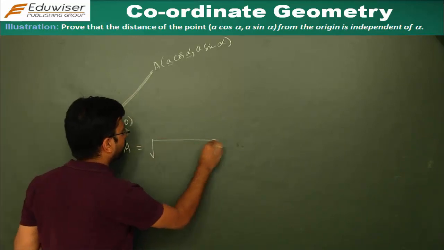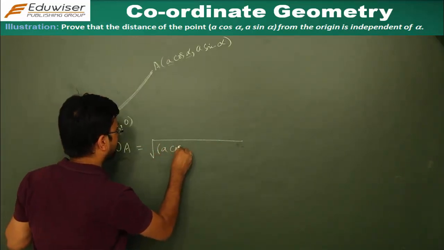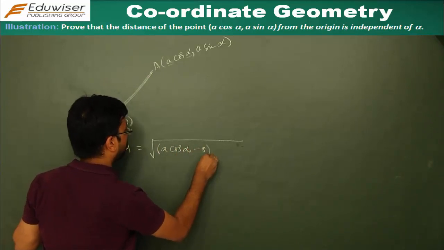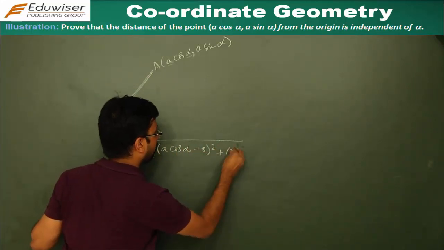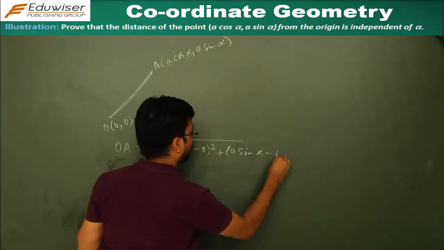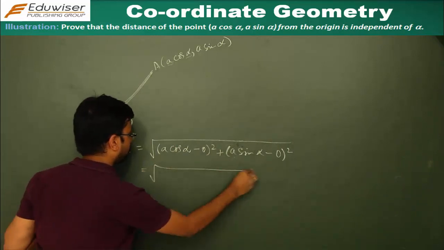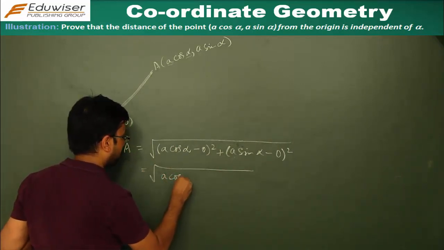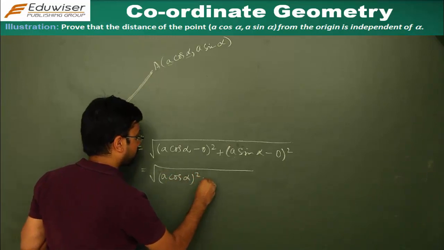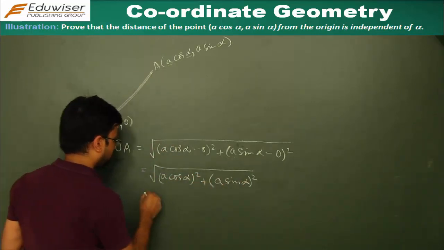OA is equal to root over the difference of their x coordinates whole square plus the difference of y coordinates whole square. And this will be equal to a cos alpha whole square plus a sin alpha whole square.